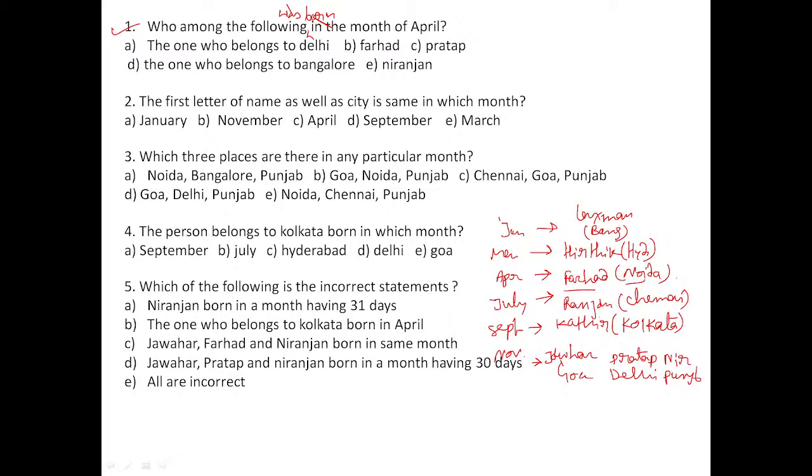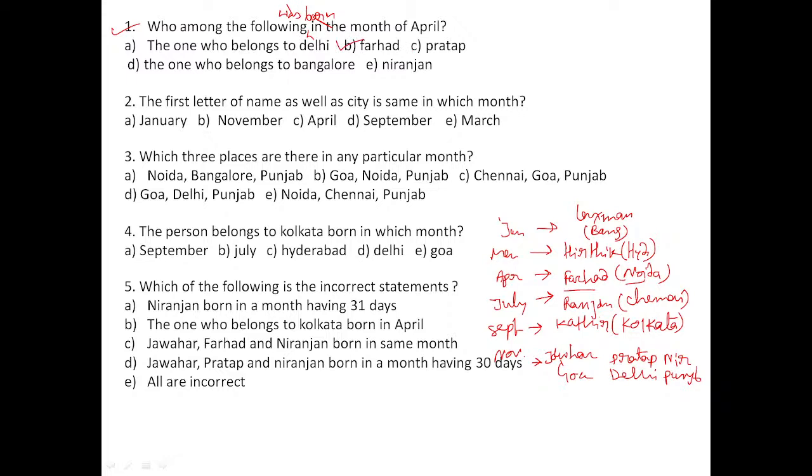If the question asks who among the following was born in the month of April, the option can also be given like that, the person who belongs to Noida, rather than giving the particular name. Let's see. The first option is the person who belongs to Delhi, but this is not the correct answer. Then second is Farhad. Yes, Farhad is the correct one.